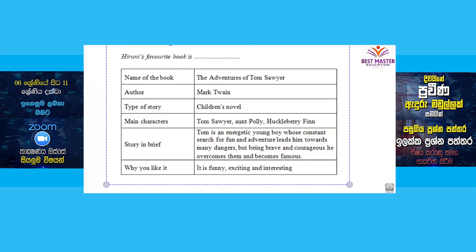To write about Hiruni's favorite book. As a homework, you can do that. Try to make some sentences by using the name of the book, author, type of story, main characters, story in brief, and why you like it.